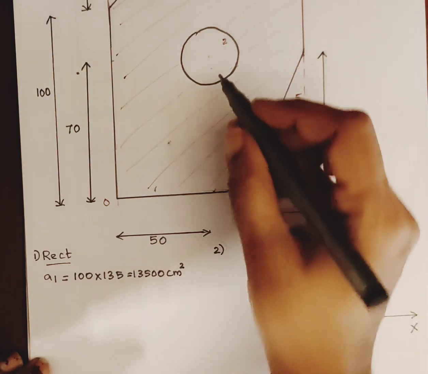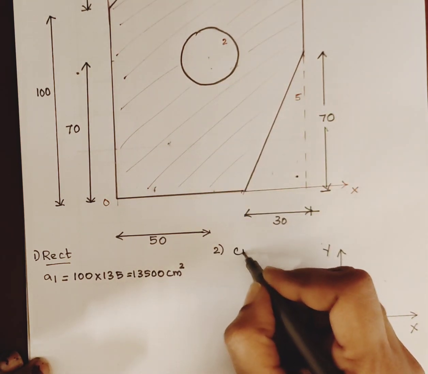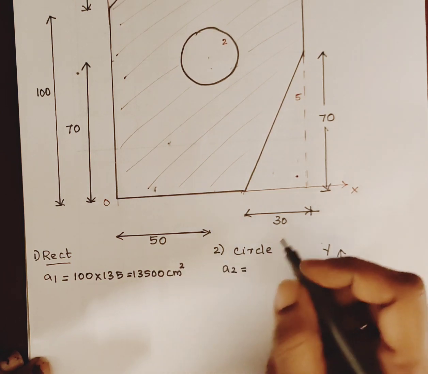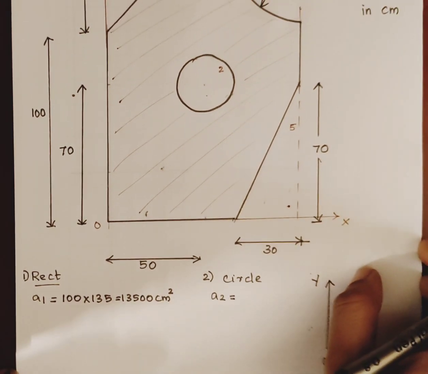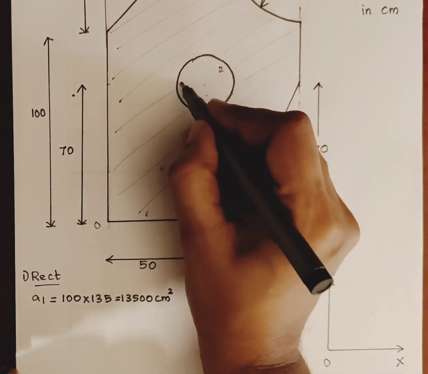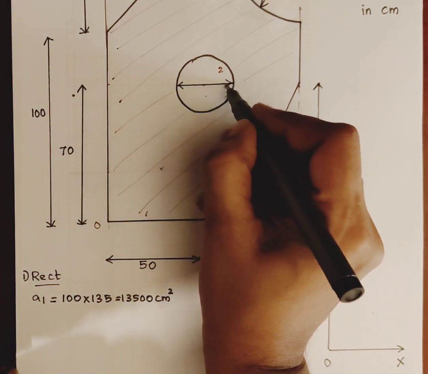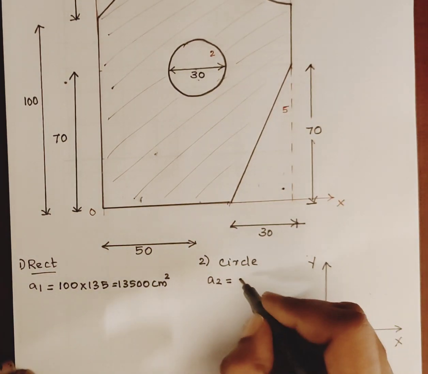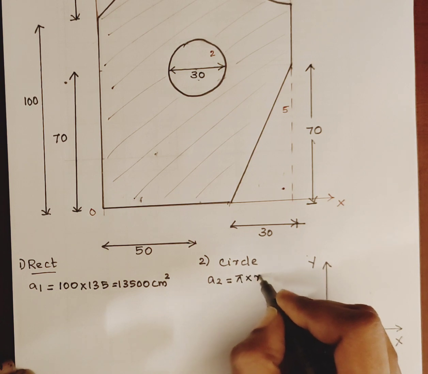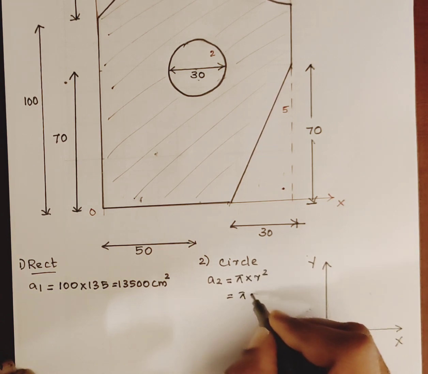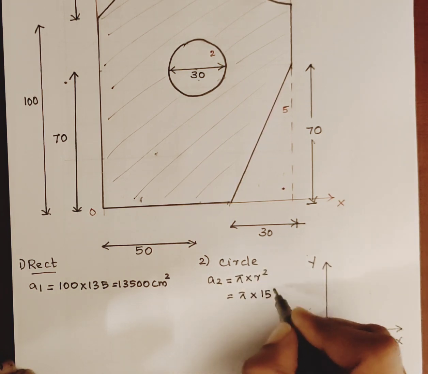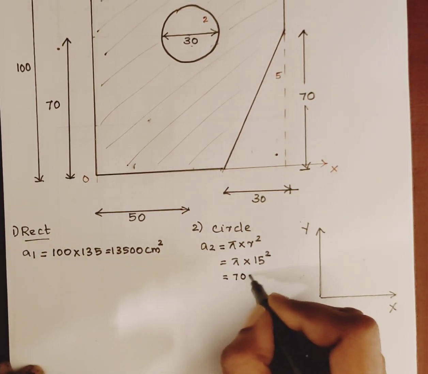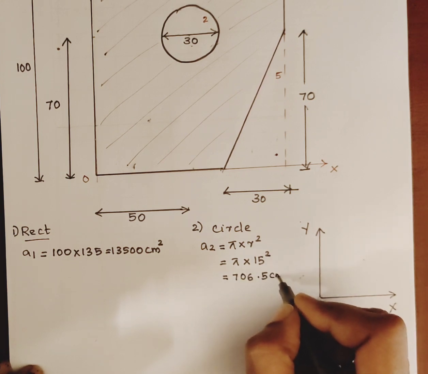So the second figure is the circle. A2 is equal to the area of the circle. Here the diameter of the circle is given, that is equal to 30 centimeter. So the area of the circle is equal to pi into r square, that is pi into 15 square. Radius is 15. That is equal to 706.5 centimeter square.